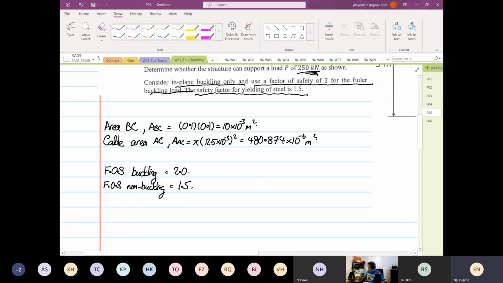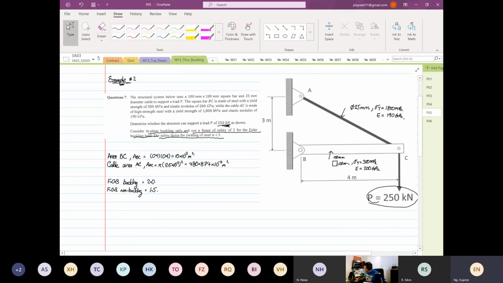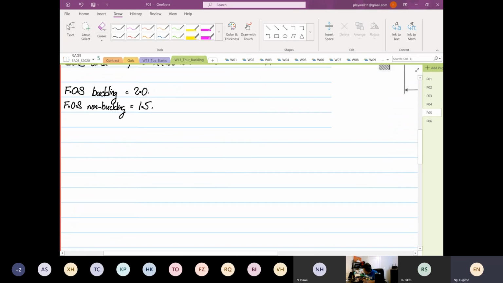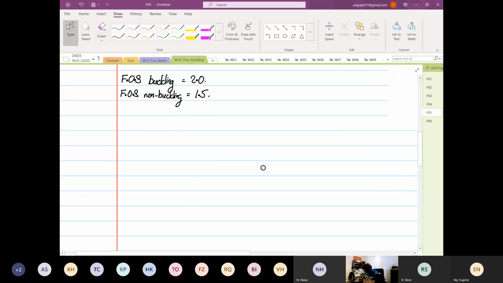So first of all, we will analyze the structure, right? So we are going to perform truss analysis. So most of you have done your 2P04 one way or the other.